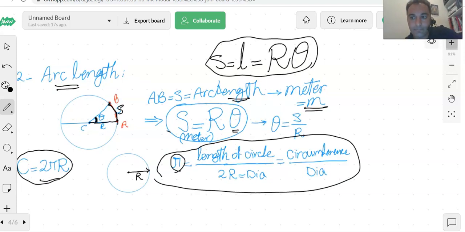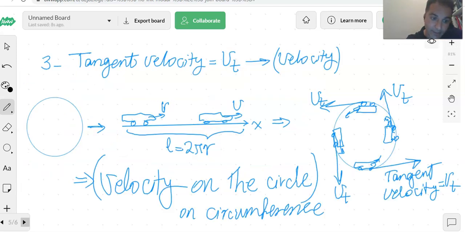Okay. Now, this is called arc length. What is tangent velocity?